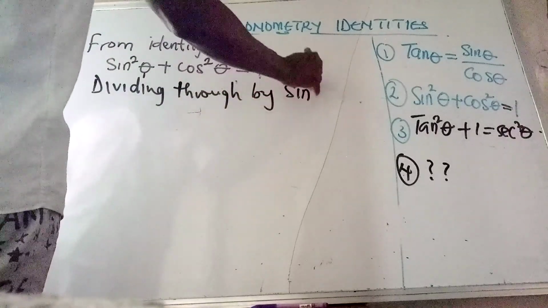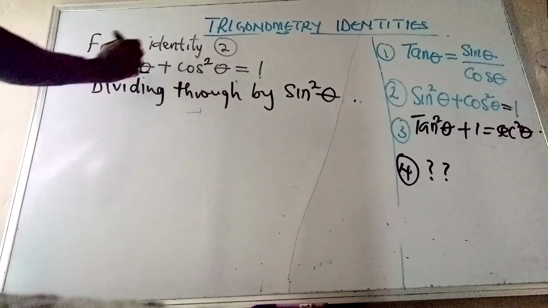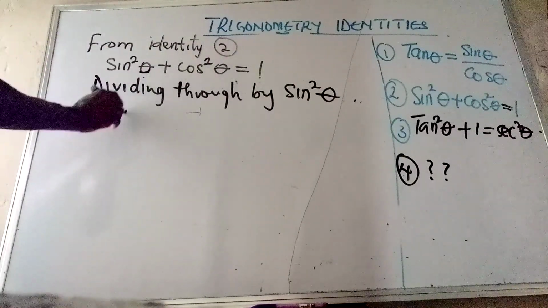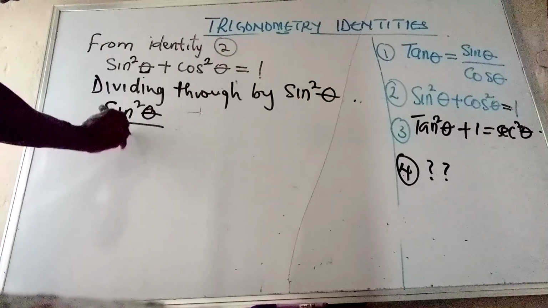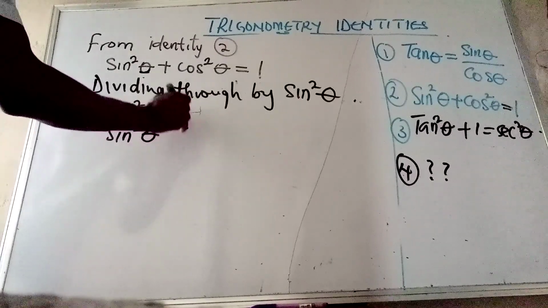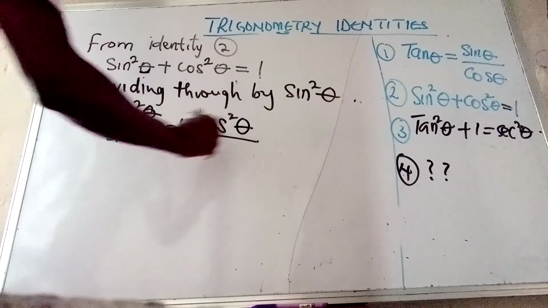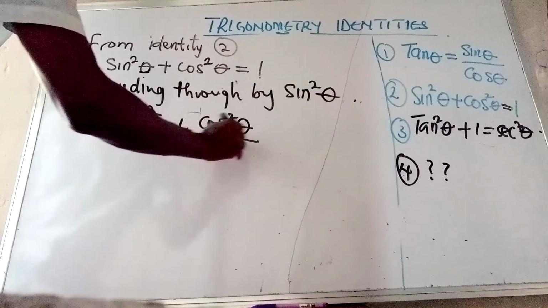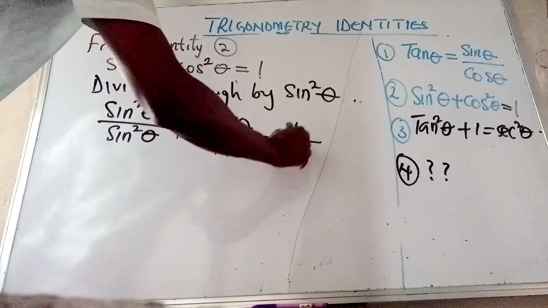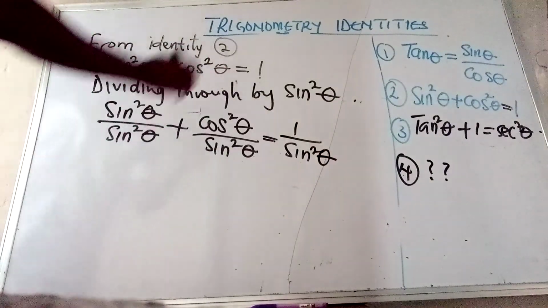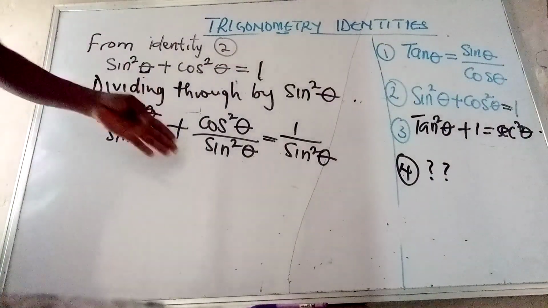That will now be sine square theta divided by sine square theta plus cosine square theta divided by sine square theta equals to 1 over sine square theta.